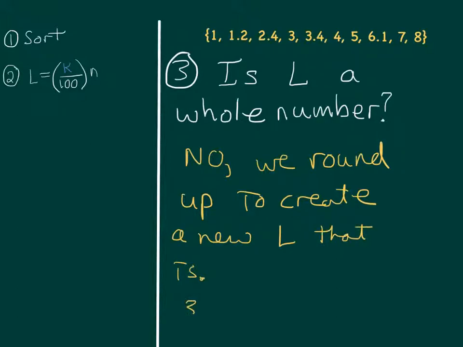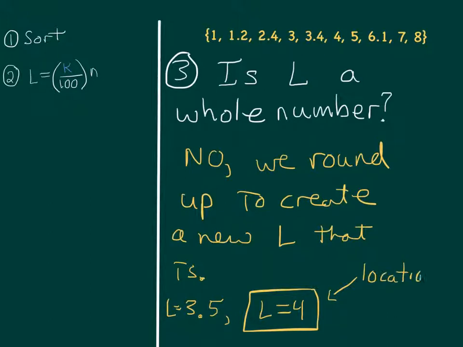In our previous example, our computed L value was 3.5, so we considered an L value of 4. As we stated in the last part, this ends up being our location. That's the element in the sorted list that we want to circle. That becomes our percentile.